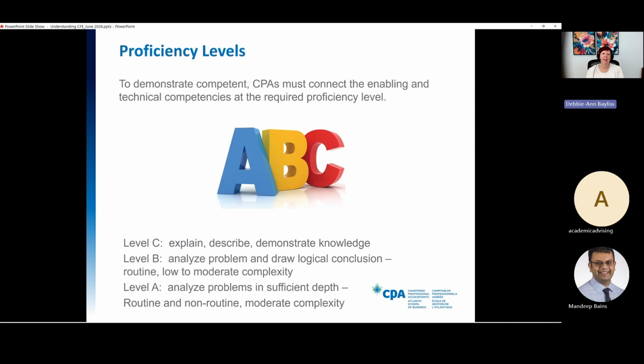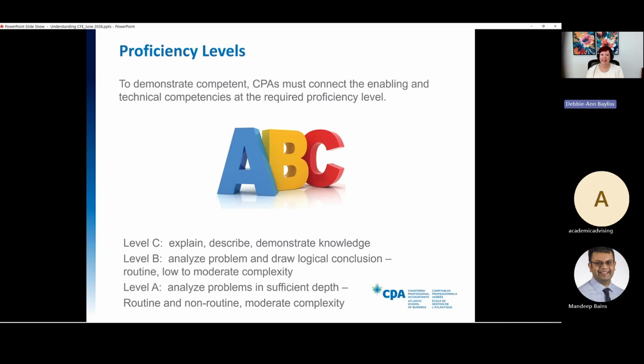So let's look at what the expectations are against each of those levels. Level C is about your ability to explain, describe, and demonstrate your knowledge. Level B is meeting level C expectations, plus your ability to analyze problems and draw logical conclusions, in routine situations of low to moderate complexity.